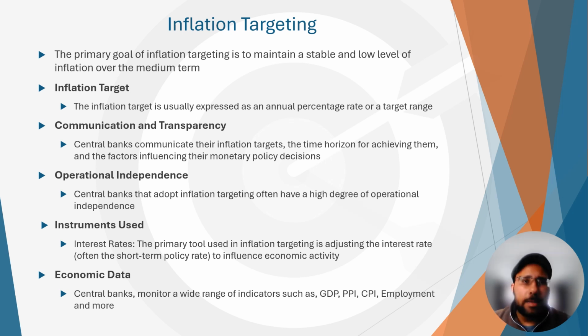Yes, they communicate, but central banks won't make their decisions based upon what the government says. Independence ensures that decisions are made based on economic data and long-term objectives rather than short-term political pressures. So it enhances the credibility and trust in the central bank in order to manage not only inflation but other objectives that it has.